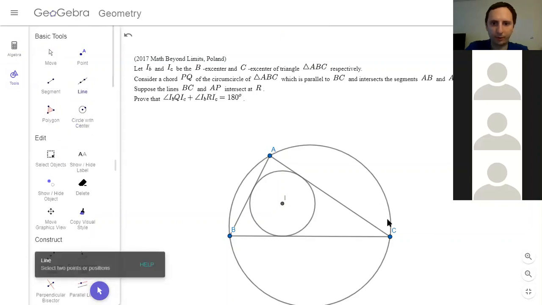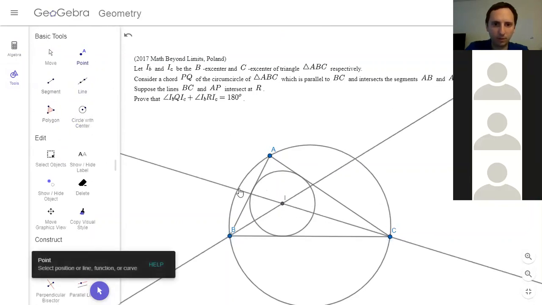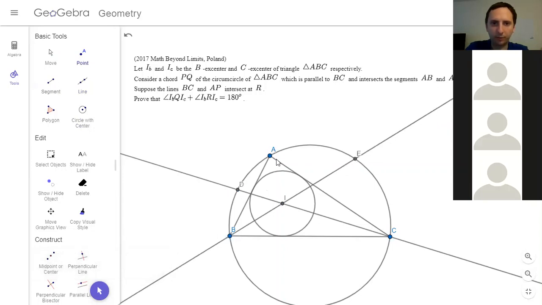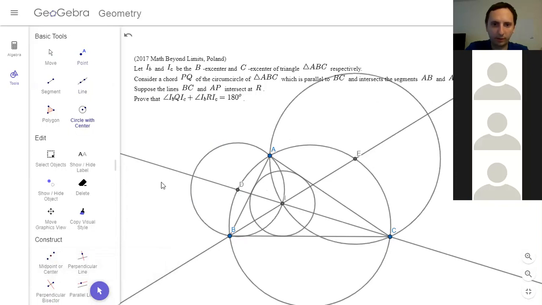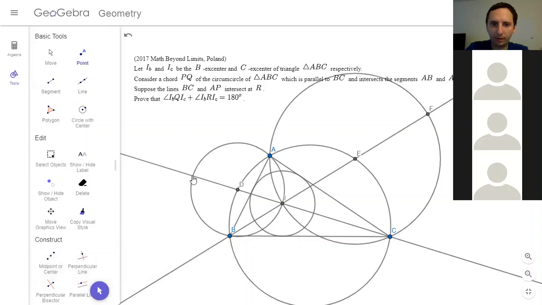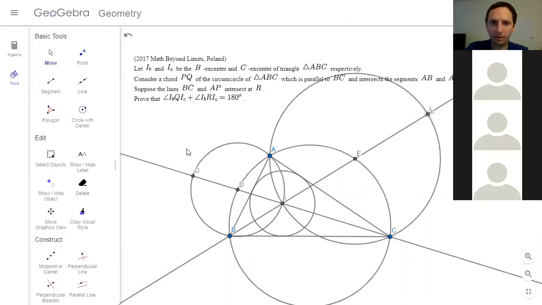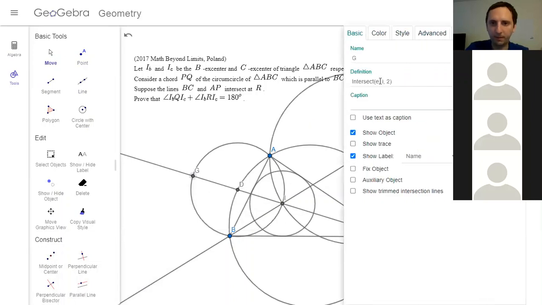This is just my favorite way to do it. If I draw these two circles, then these are the excenters right here. So this is IB, and this is IC.